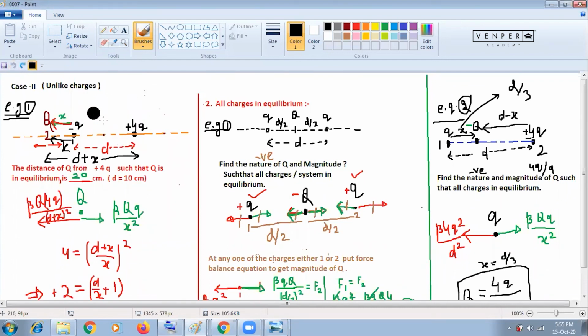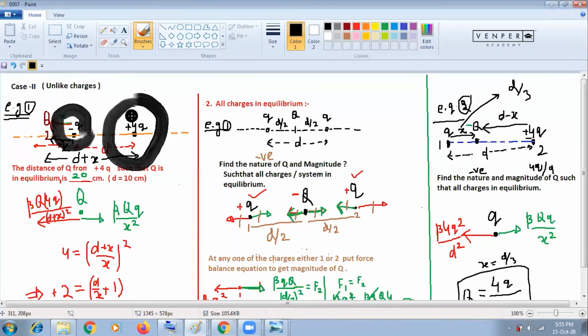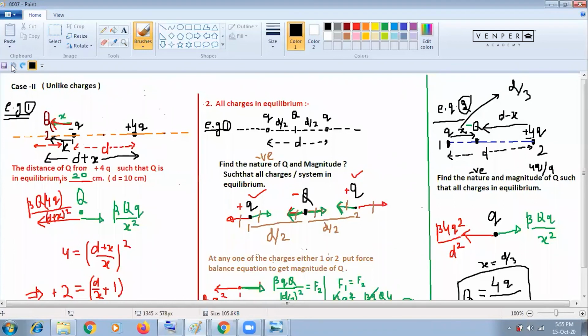So this is the idea. If dissimilar charges are there, minus q and plus 4q, negative and positive charges, then in between them you cannot get an equilibrium point. Where will you get it? Either outside minus q or outside plus 4q.